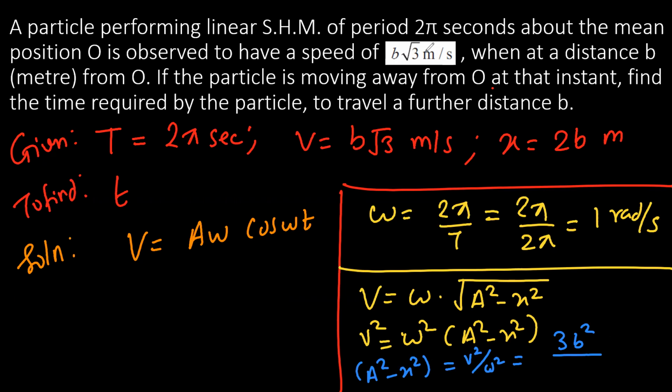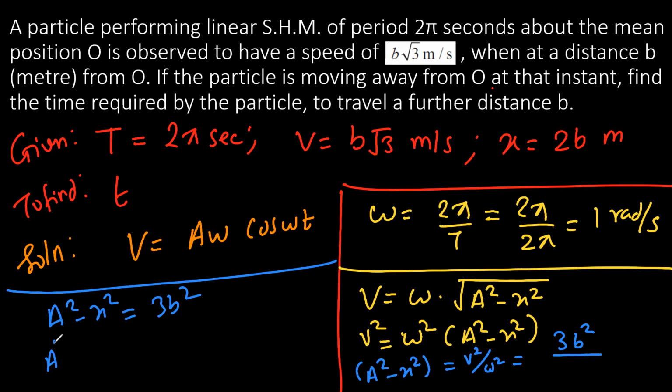So what is the a square minus x square? It's 3b square. यहाँ पे लिखते हैं. So a square minus x square is equal to 3b square. So what is a square? A square is 3b square plus x square. X is how much? See, this velocity is when you're traveling from 0 to b. 0 to b travel करते time, what is the distance?